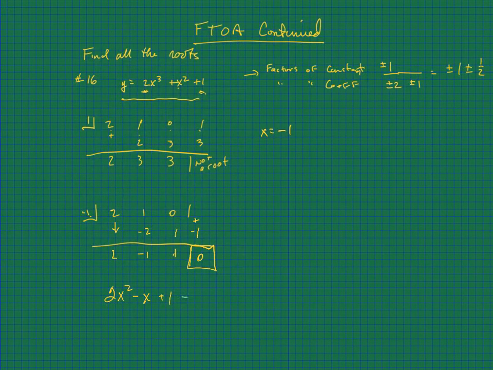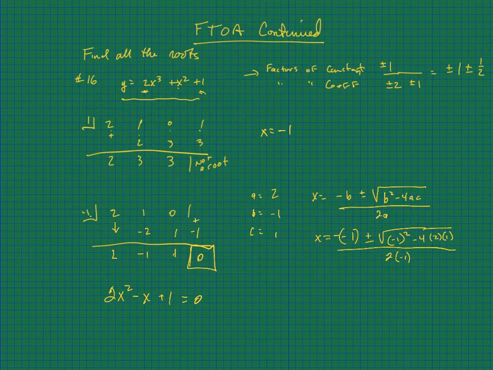And that is a quadratic, which I think we're going to have to use the quadratic formula to factor, so I know I have a equals, b equals, c equals. Okay, so what I've done is I've found my a, b, and c for this quadratic equation, and I know that my quadratic formula is negative b plus or minus the square root of b squared minus 4ac all over 2a, and I've done some substitution with my values of a, b, and c.